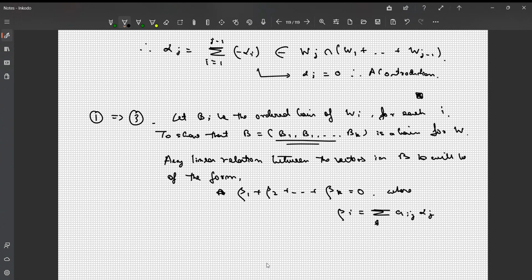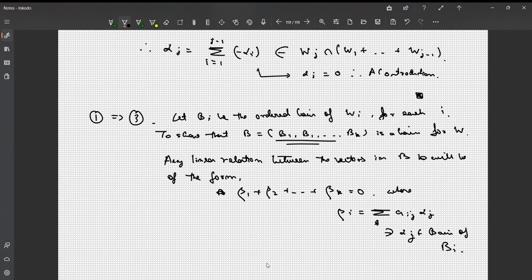So j ranges from 1 to the cardinality of each Bi. Let us not mention that, but it's some linear combination of these elements alpha j such that the alpha j's are in the basis of Bi. Okay, clear?